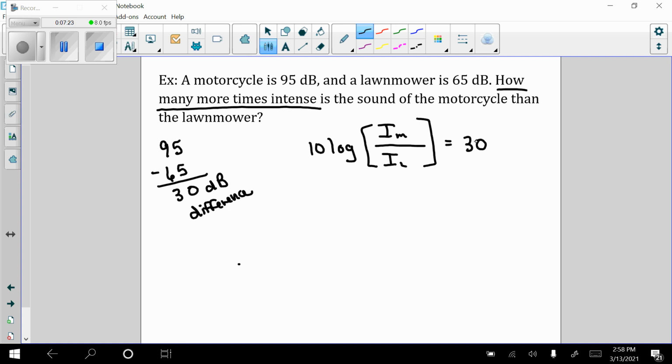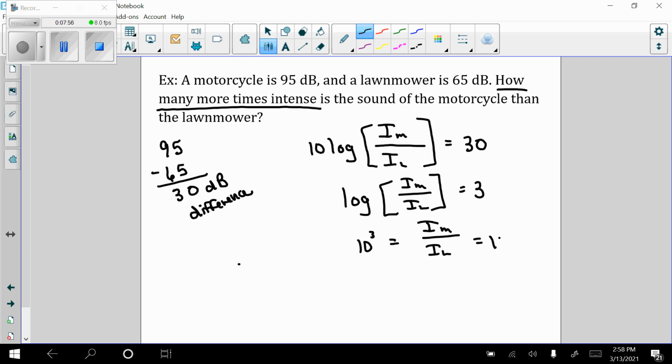Just like I did yesterday for the difference in those Richter ratings. So now I can solve for my intensity ratio, I sub m over I sub l. 30 divided by 10 is 3. So if I take 10 to the third power, I get that intensity level ratio.